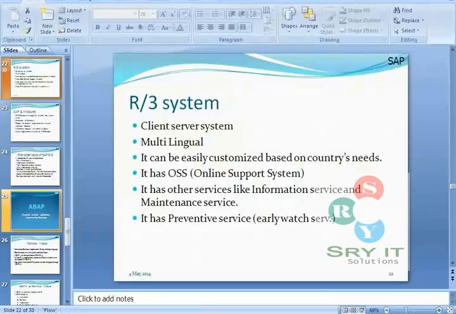Basically, if any functionality is having any defect in the servers, SAP AG itself will respond to the client very actively. So it is an early watch. If there is any defect in a particular module, they will intimate to the client that a defect is coming in the future.